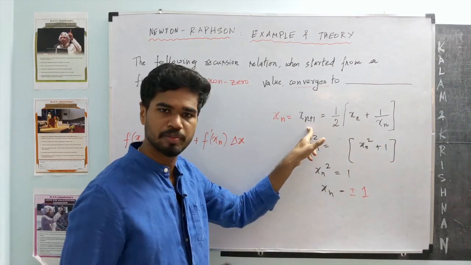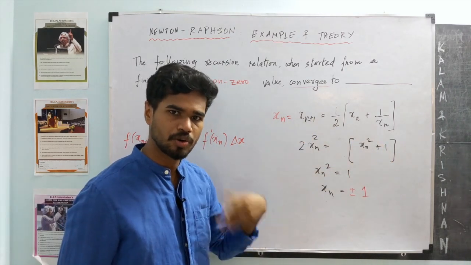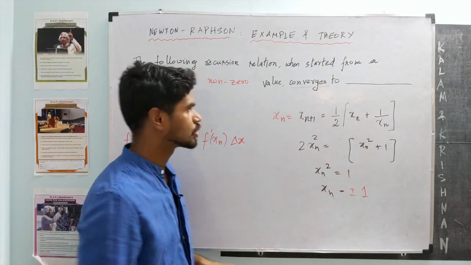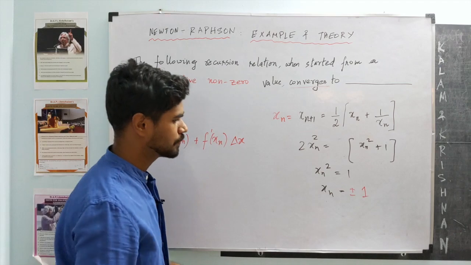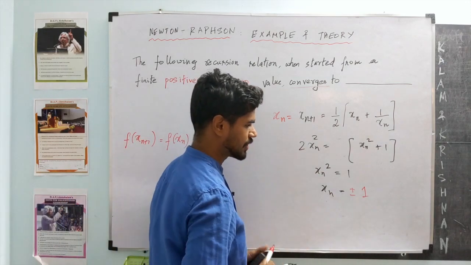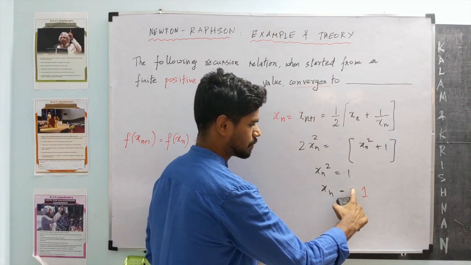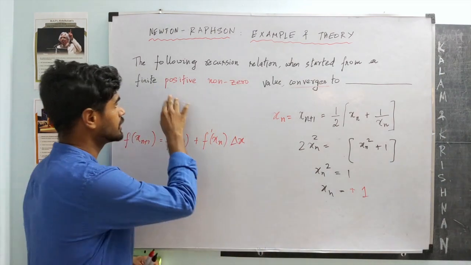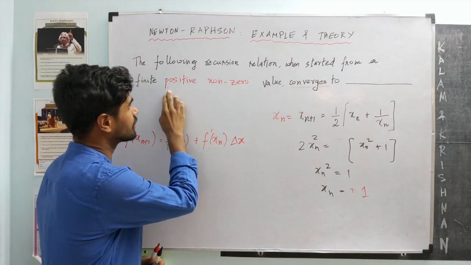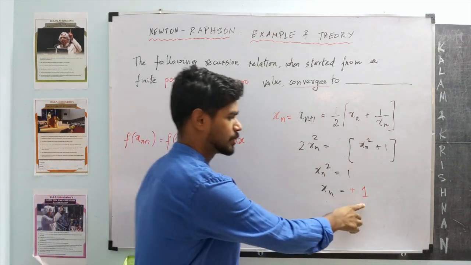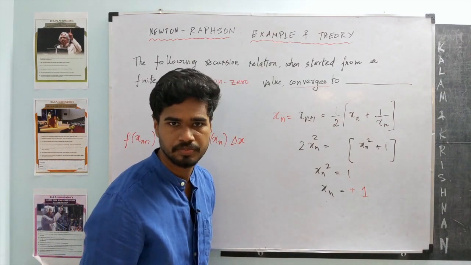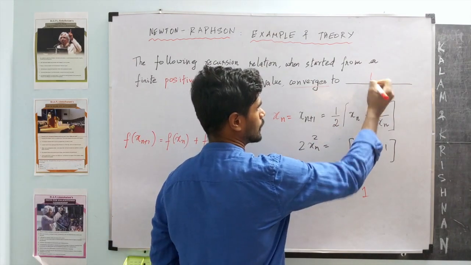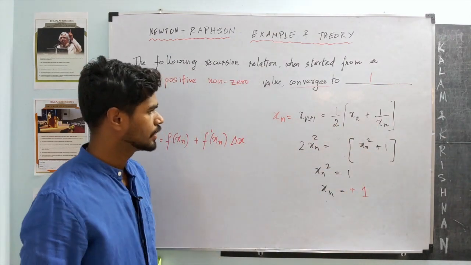The new x_{n+1} will be positive. We keep on doing this, and all subsequent values of x_{n+1} will be positive. So the moment we start out with a positive non-zero value, the only answer we get is not plus or minus 1, it's plus 1. Had this been a finite negative non-zero value, we would have ended up with a value of minus 1. Fine. So the answer here is plus 1.